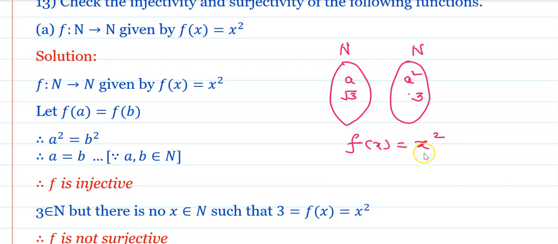मग 3 इमेज असण्यासाठी आपल्याला इथे काय असला पाहिजे? तर root 3 असला पाहिजे. This is the root 3 and its square is equals to 3.